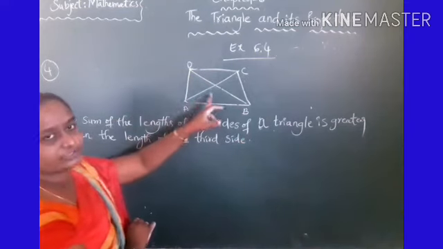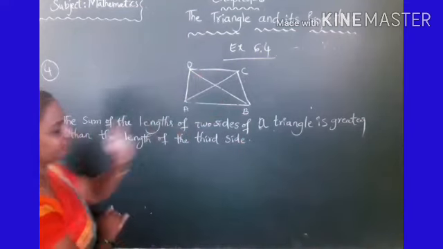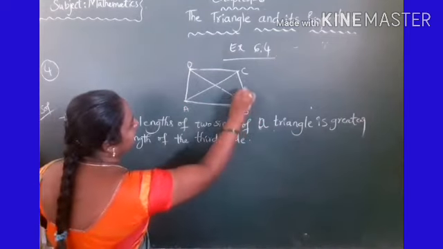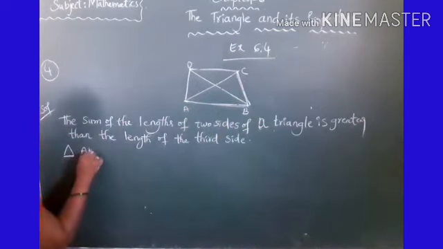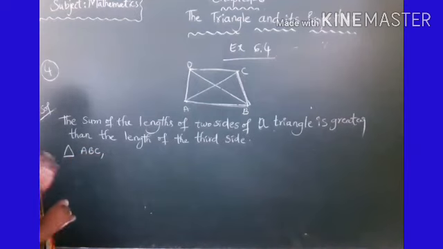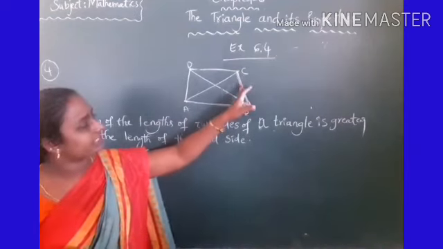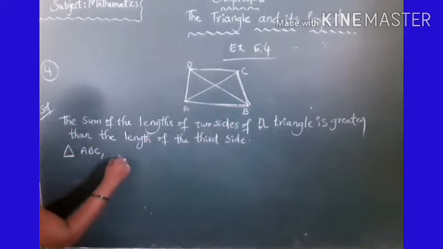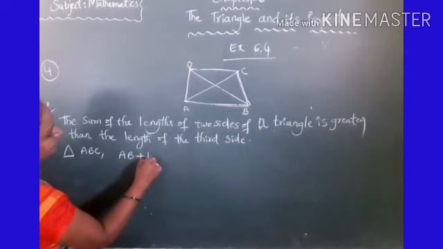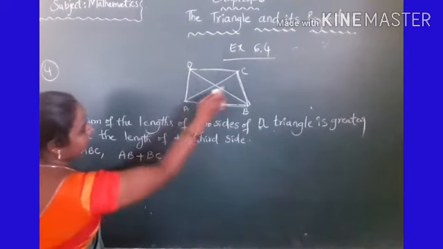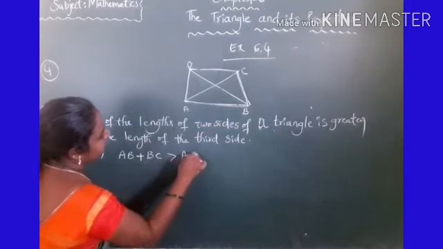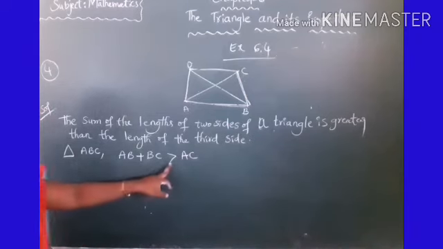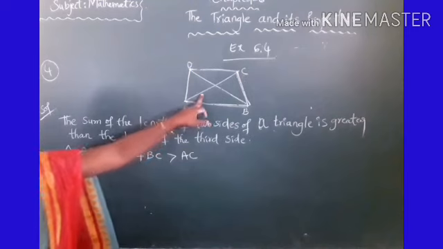Here observe the first triangle. Four triangles are formed. In triangle ABC, sum of two sides, what are the two sides? Yes, AB plus BC is greater than the third side, AC.